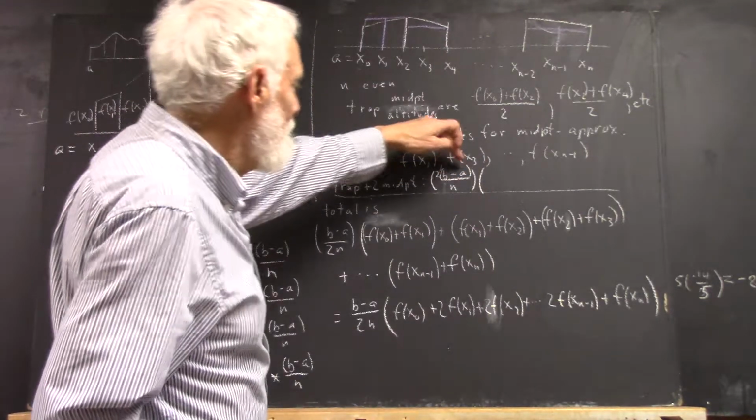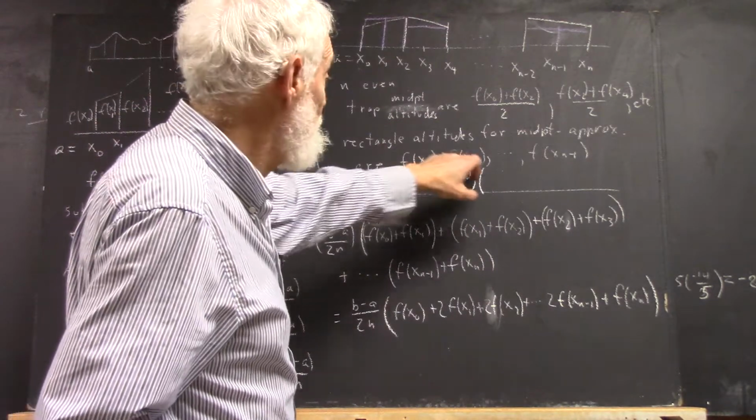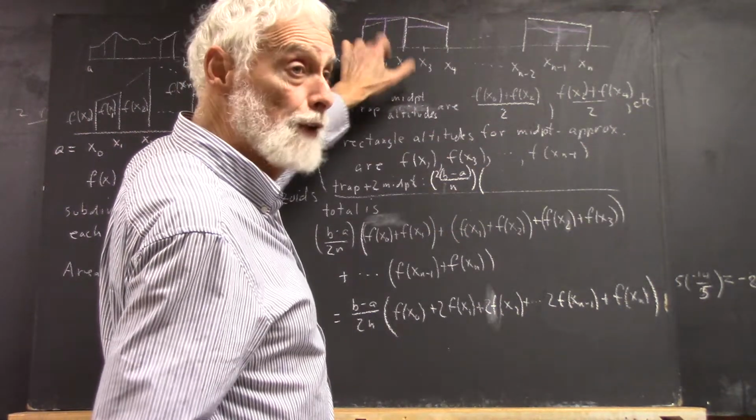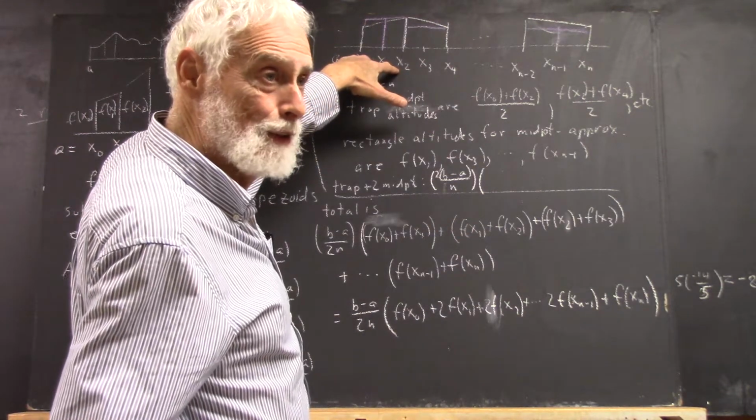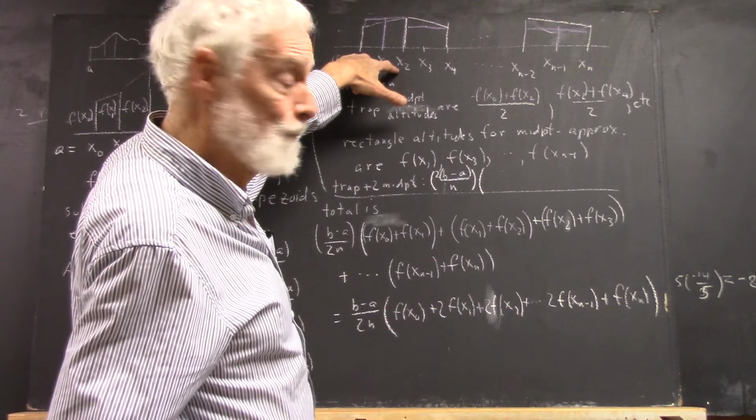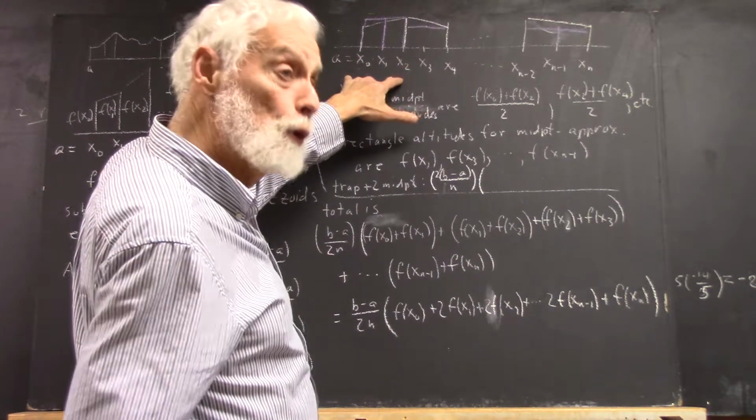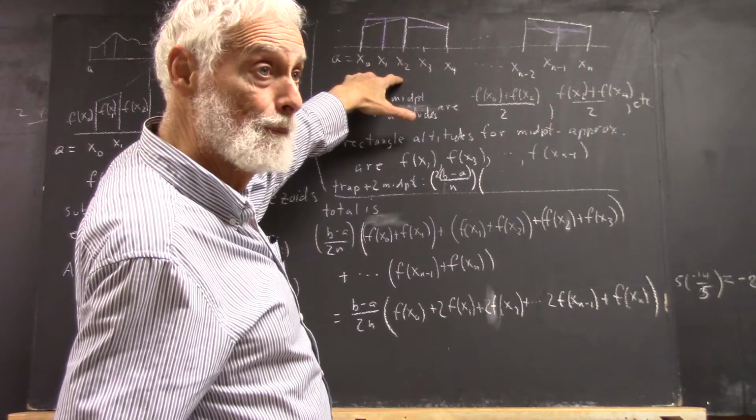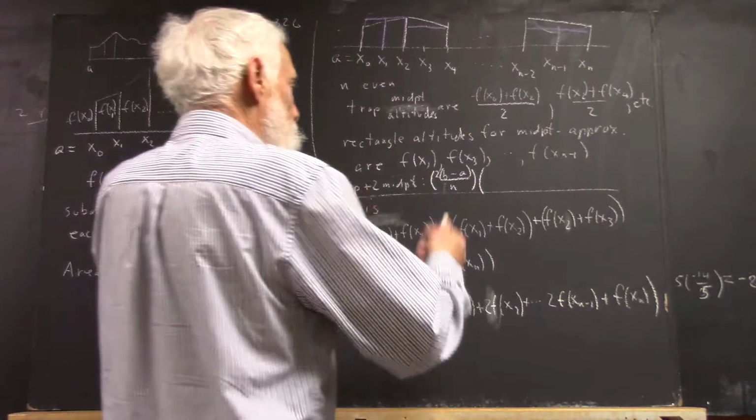It's 2 times b minus a over n. Because b minus a over n is the width of each of these, and there are 2 of them that make up each interval, right? So the width of an interval will be 2 of the b minus a over n intervals. Well, that takes care of it. I don't know what I was thinking.